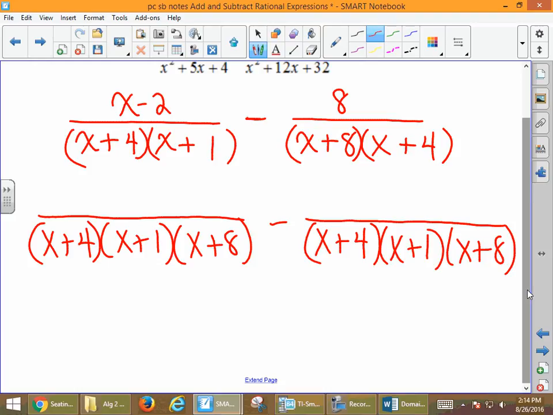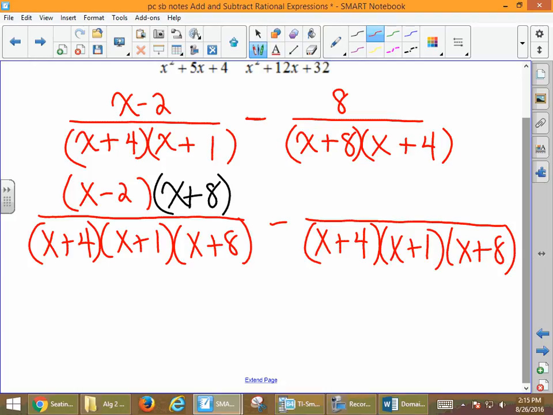But then, ask yourself, what was in the original, and then what's now in the denominator? On this first fraction to the left here, we now have an x plus 8 in the denominator. Don't forget that we still need to take into account our x minus 2.